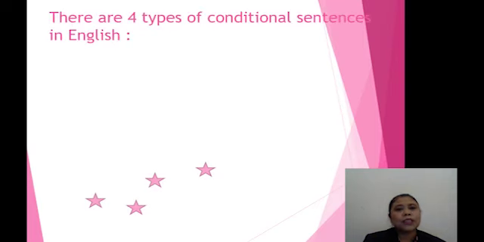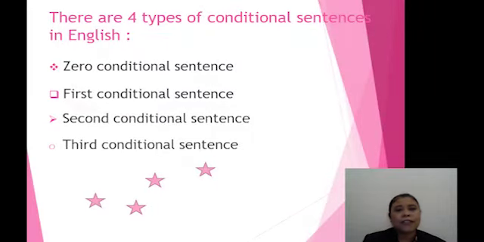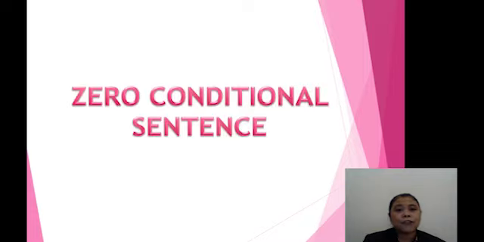Okay, let's go to the types of conditional sentences. There are 4 types of conditional sentences in English: zero conditional sentence, first conditional sentence, second conditional sentence, and third conditional sentence. Now, let's talk. The first one is the zero conditional sentence.